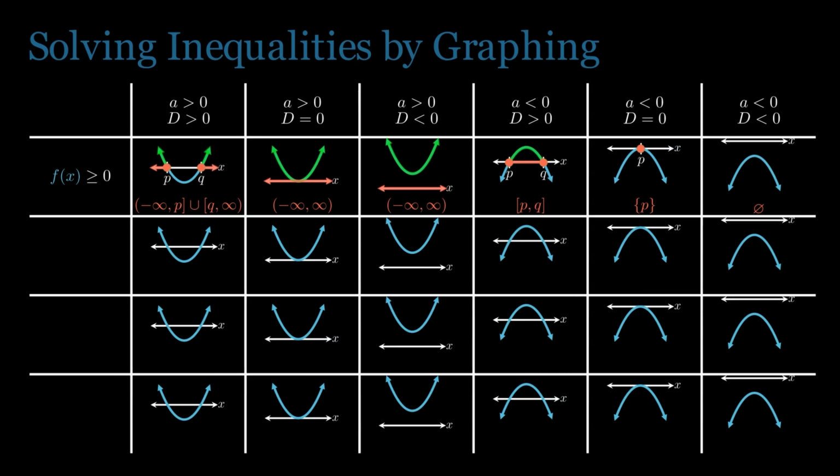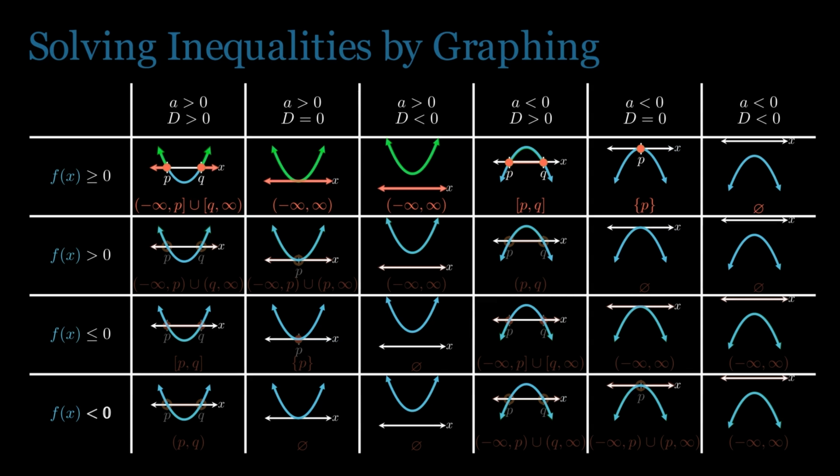In a similar way, following the same steps, we can find the solution sets for all the remaining types of inequalities for all 6 alignments. Note that if we have the inequality of the type only greater or only less than 0, none of the endpoints will be included in the solution sets, so we will have open intervals or unions of open intervals.